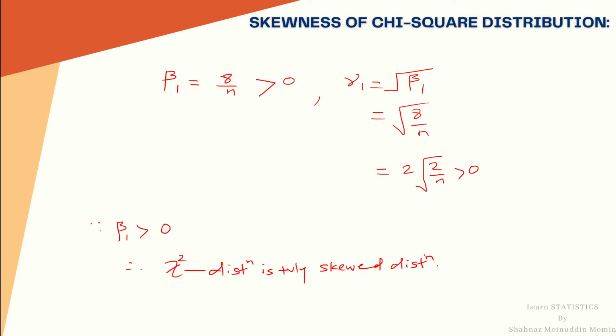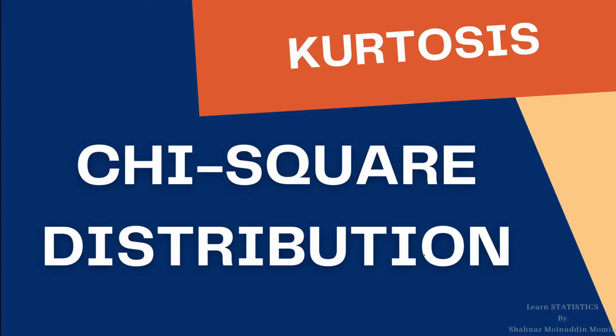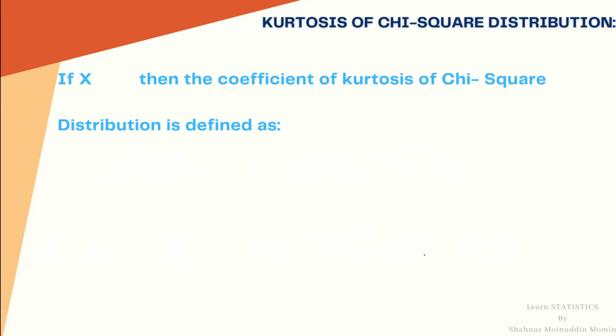Now we will calculate the coefficient of kurtosis. If x is a chi-square variate with n degrees of freedom, then the coefficient of kurtosis is denoted by beta 2 and it is given by beta 2 equal to mu 4 divided by mu 2 square, and it can be measured also by gamma 2 equal to beta 2 minus 3.